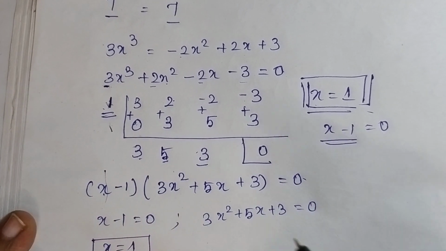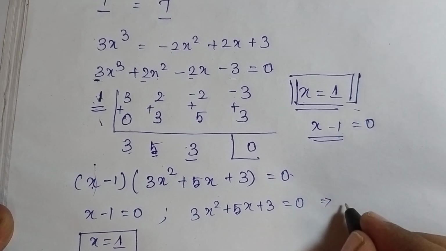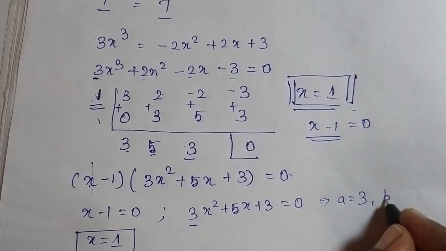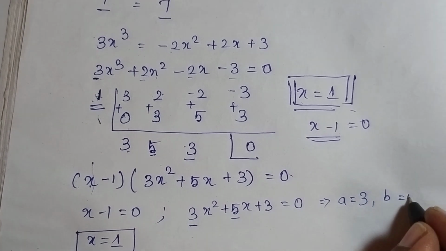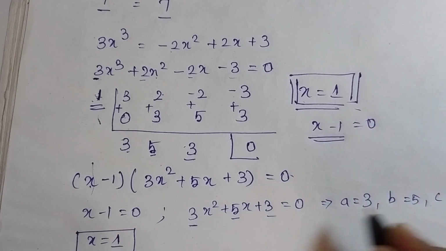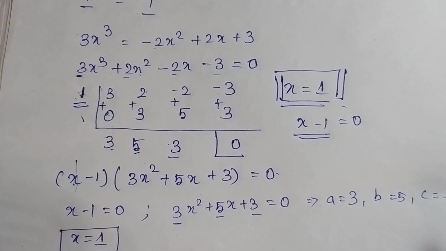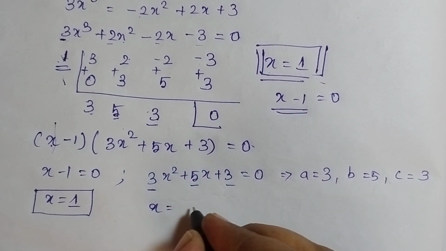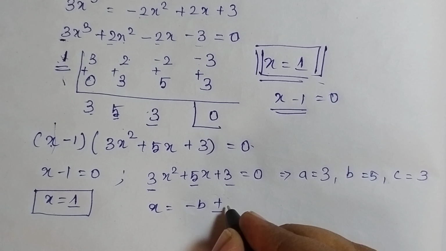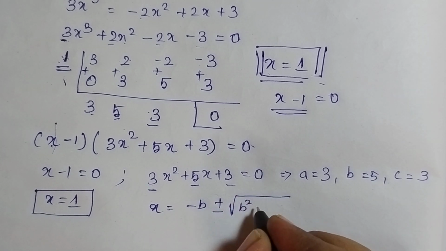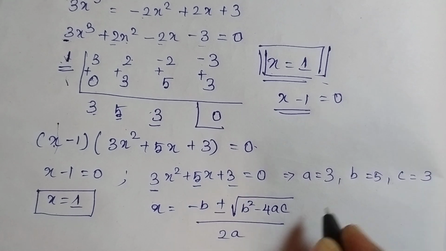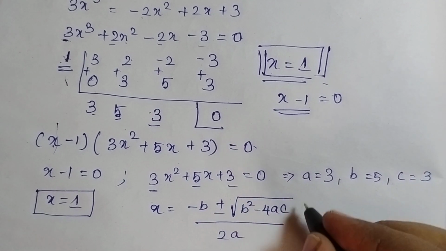From this we know a is equal to the coefficient of x square, which is 3, b is equal to 5, and c is equal to 3. We know the formula to solve this quadratic equation: x is equal to minus b plus or minus root of b square minus 4ac, divided by 2a. Just apply its values here.